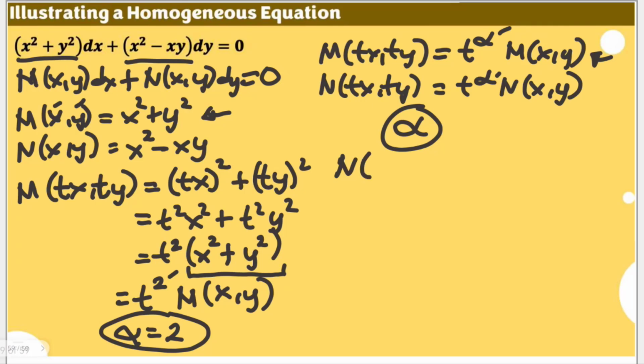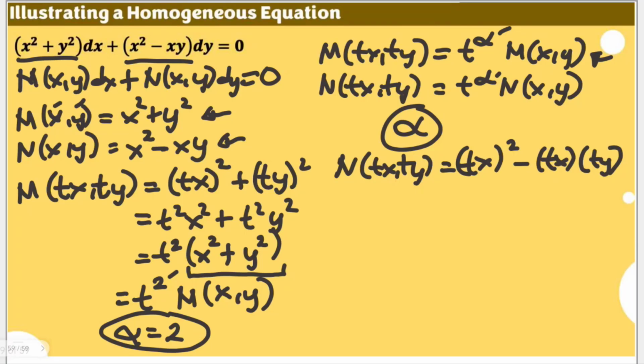N of tx and ty. Again, change x into tx and y into ty. So in this given function, you will have (tx) squared minus tx, that's for our x, and for our y, ty.